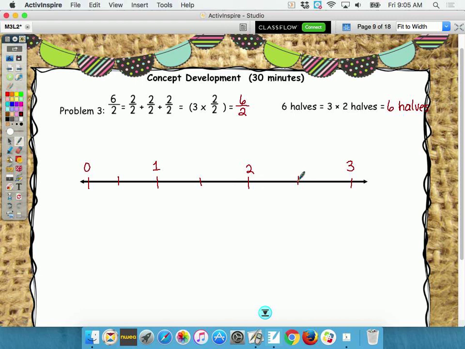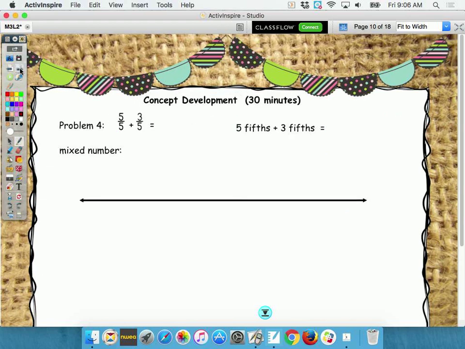Yeah, 2. At the 1. Very good. So 2/2 plus 2/2 plus 2/2 equals what? 6/2. And that's how you write it. See, it's kind of fun, isn't it? Okay, let's go to the next step here.